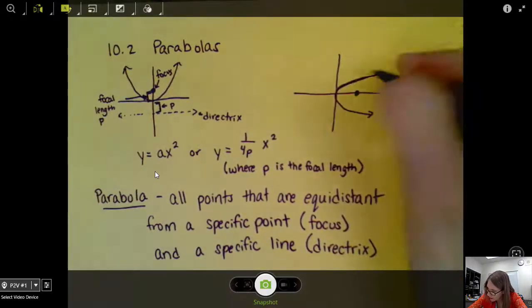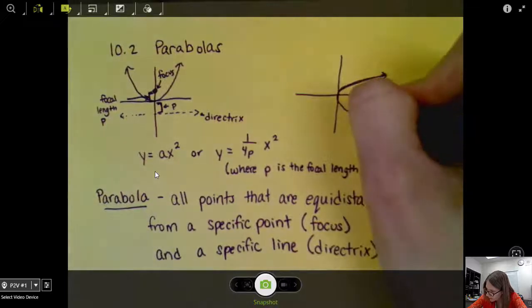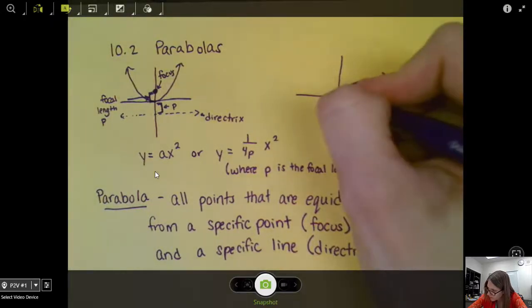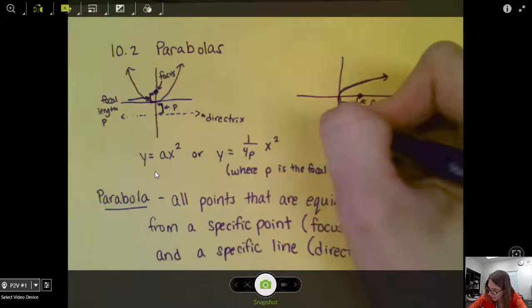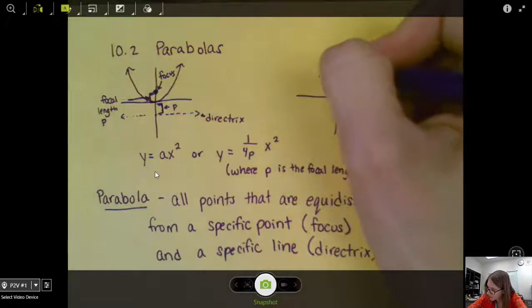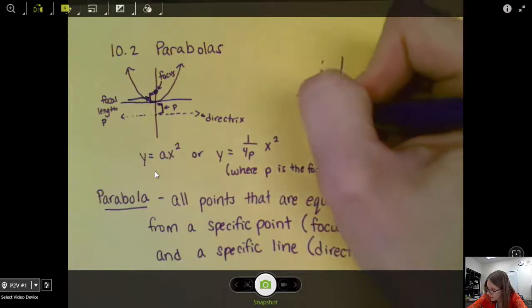But even in our sideways parabolas, we have that focus. Our distance from the focus to the vertex is our focal length P. And we also have our directrix here.